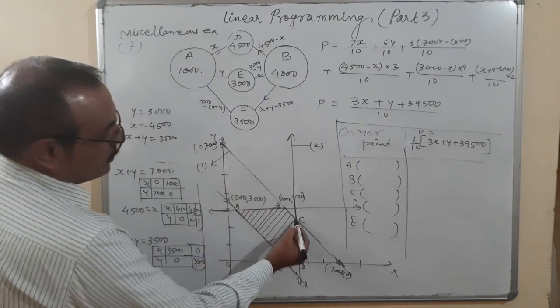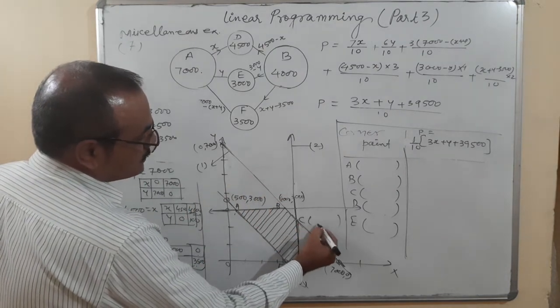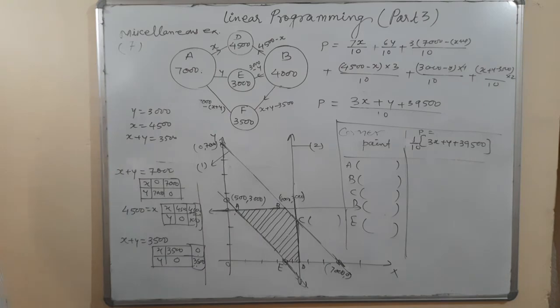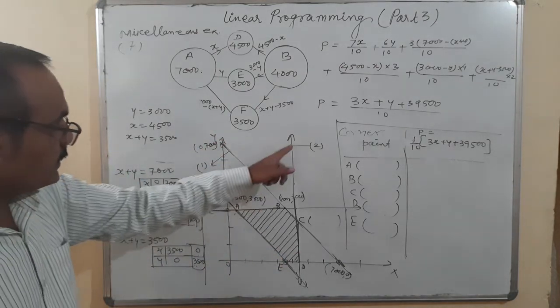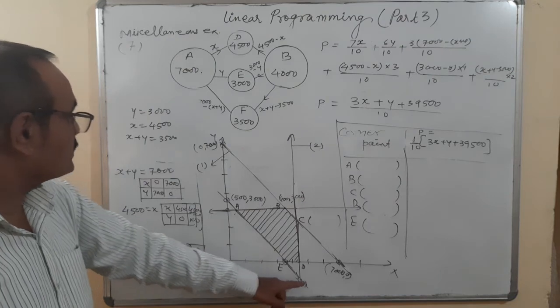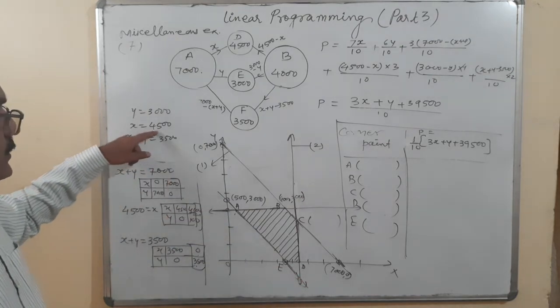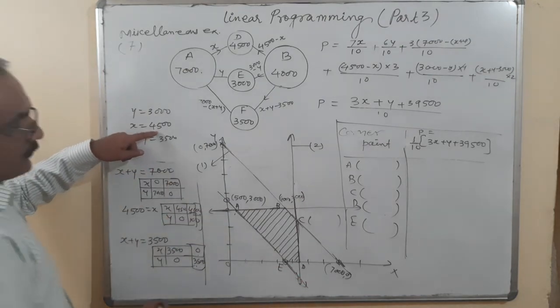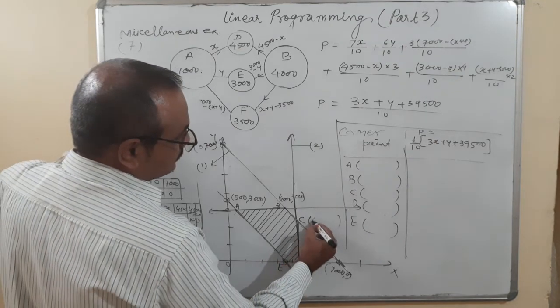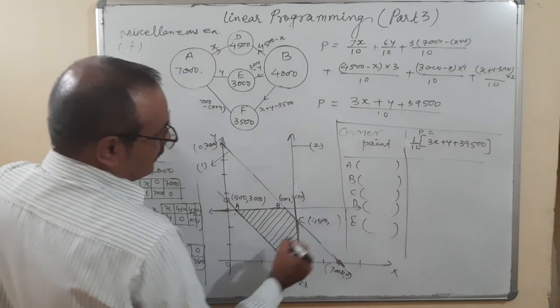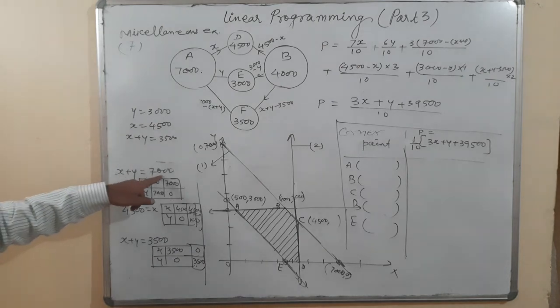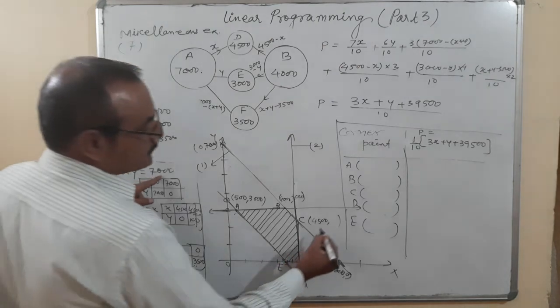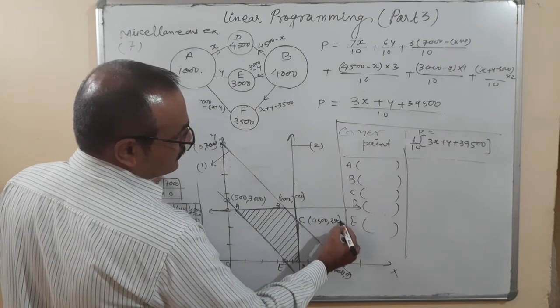It's okay. Now coming to point C. C point is where x plus y is equal to 7000, and this is parallel to the y-axis. That means x is equal to 4500, and y is equal to, when I put 4500 here, it is 2500.